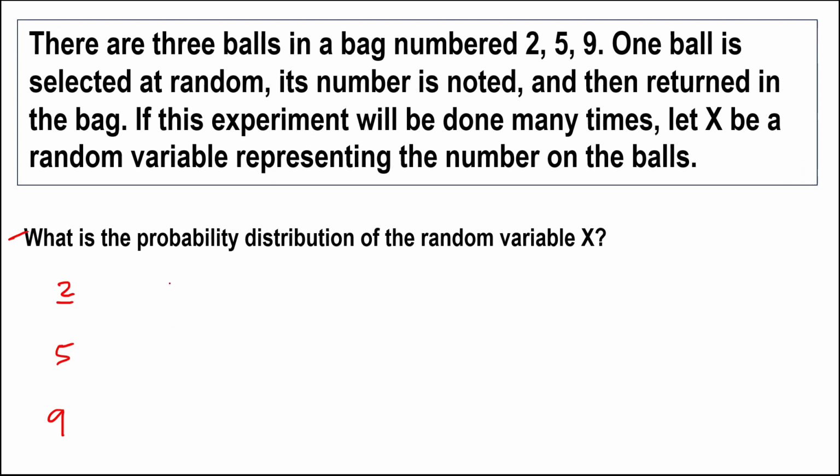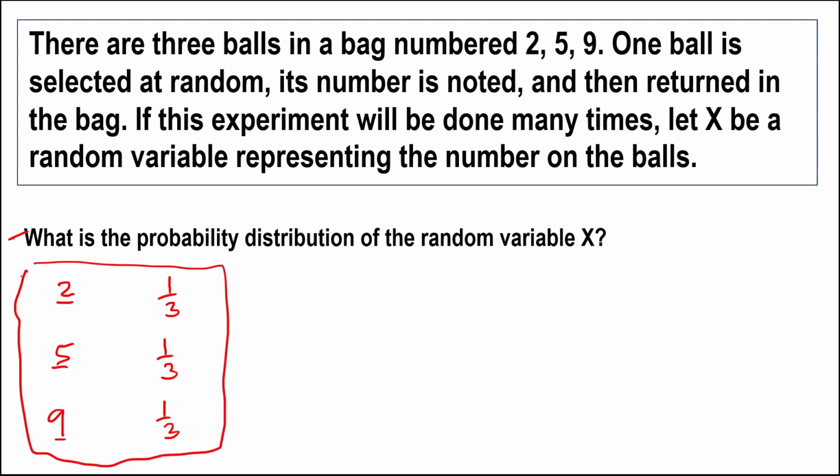The probability is 1 out of 3. If you select number 5, the probability is also 1 out of 3. If you select number 9, the probability is 1 out of 3. So this is now the probability distribution.